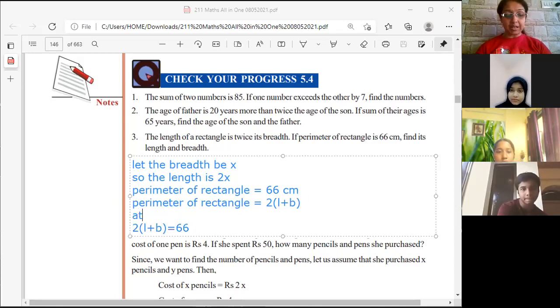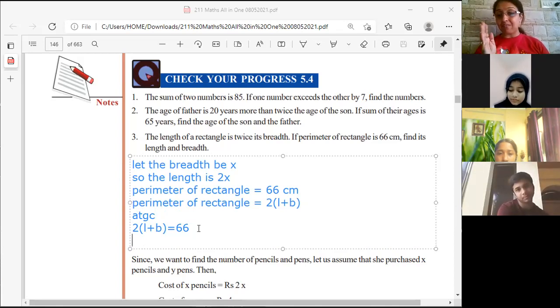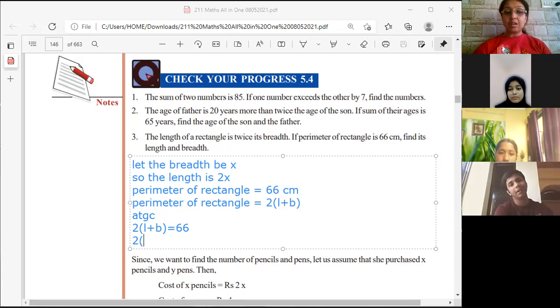So what will I put here according to the given condition? 2 times length plus breadth is 66. Now wherever I have L, I will substitute with the value I have assumed, and wherever I have B, I will put the value that I have assumed. Ma'am, can I give the answer? Please. Ma'am, length is 22 and breadth is 11.